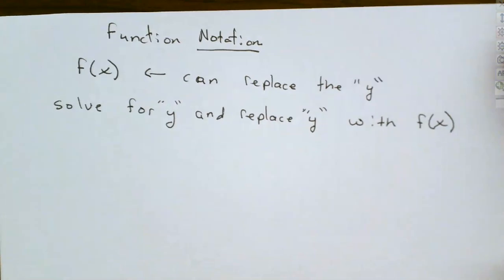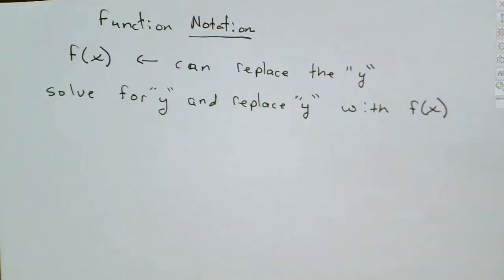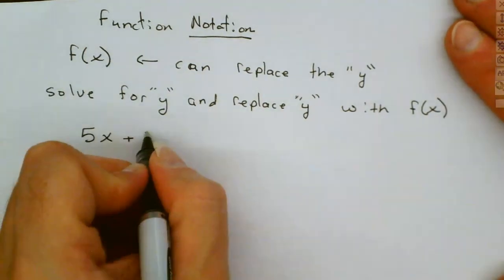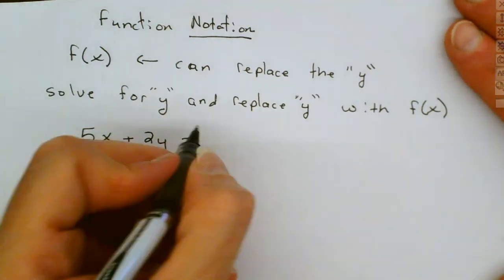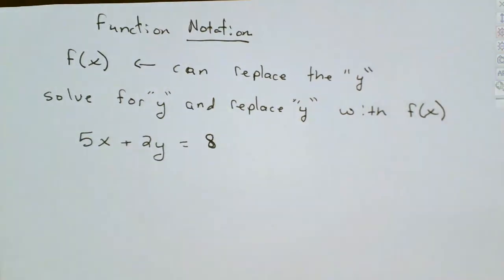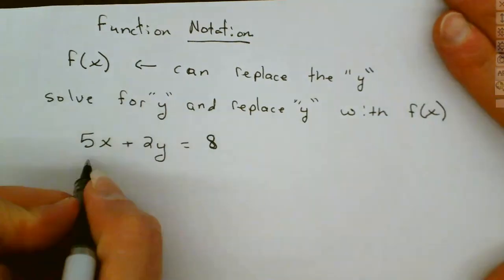So I'm going to have you solve it for y and replace y with f of x. So this is going to be our directions. Okay, this is what I want you to do. There's only a couple of these. I want you to solve it for y and replace y with f of x. And this is 2 through 4 in your homework. Okay, solve for y, replace y with f of x.